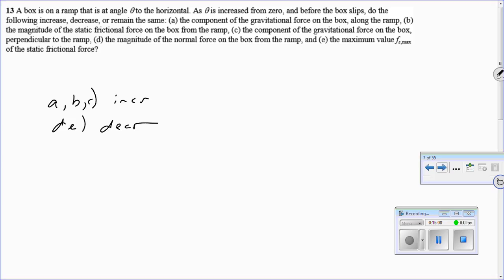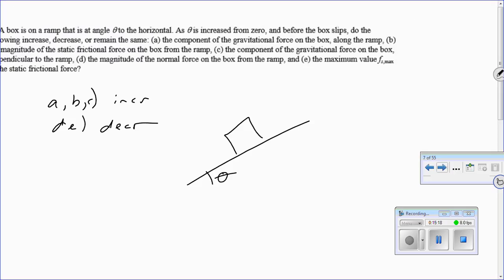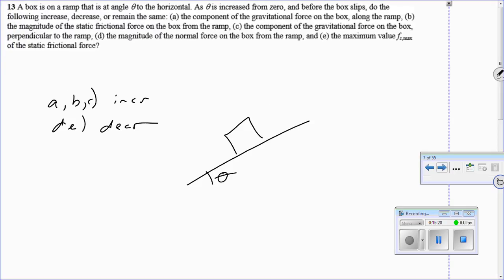All right, so we got a box on a ramp that's at an angle of theta to the horizontal. Ramp, theta, box. Which of the following values increase, decrease, or remain the same as the angle increases?